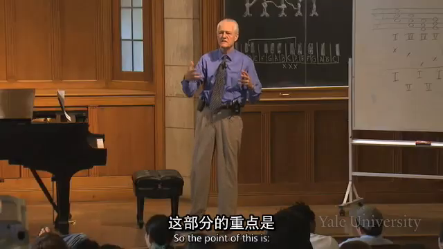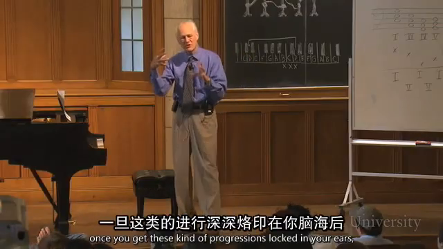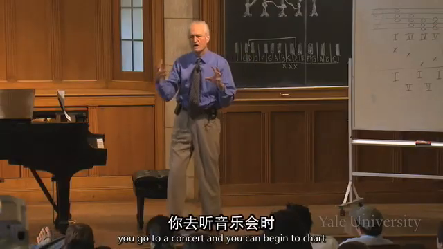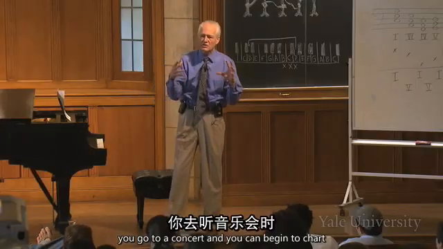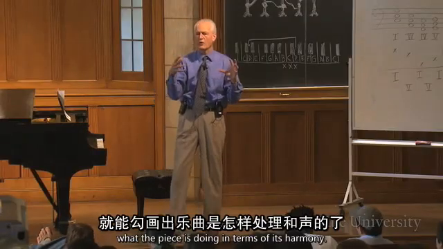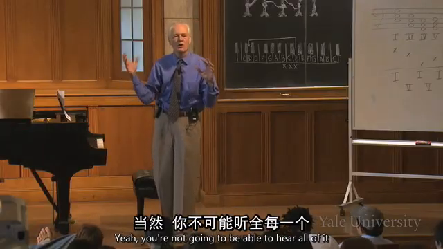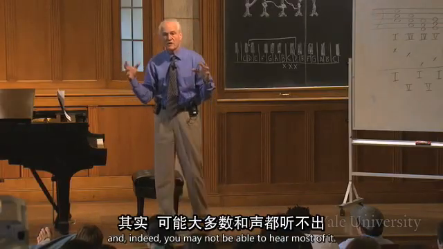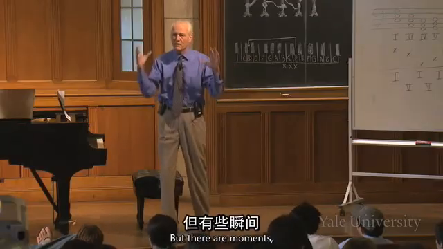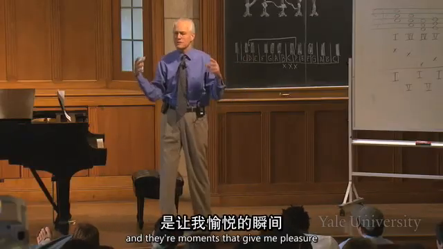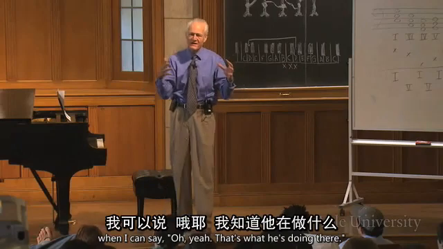So the point of this is, once you get these kinds of progressions locked in your ears, you go to a concert and you can begin to chart what the piece is doing in terms of its harmony. You're not going to be able to hear all of it. And indeed, you may not be able to hear most of it. I don't hear most of it. But there are moments that give me pleasure when I can say, oh yeah, that's what he's doing there.